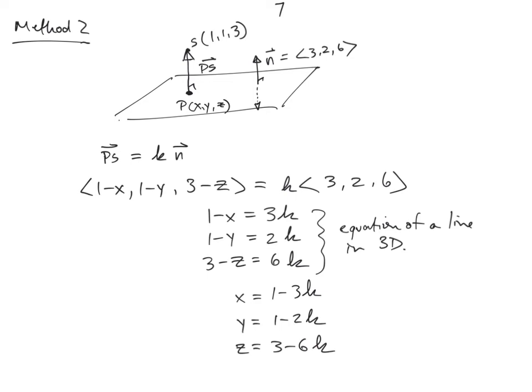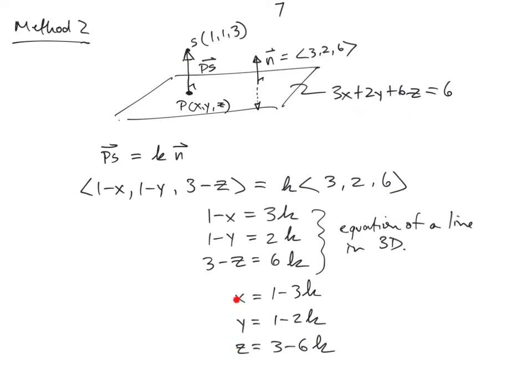Okay, well the point P is on the plane. And remember the plane has the equation, what was it here? 3x plus 2y plus 6z is equal to 6. Okay. Point P, which has these coordinates x, y, z, is on this plane.